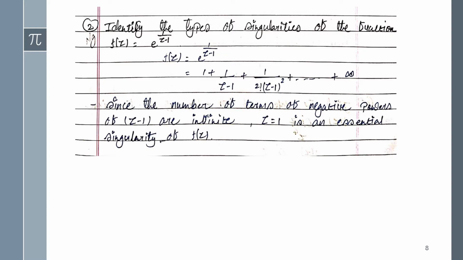Then and only then you can write negative powers which go to infinity. So z = 1 is an essential singularity, because the function is given in terms of z minus z0, that is, at the point z = 1. If z minus 2 were written here, then we could write z = 2 is an essential singularity.